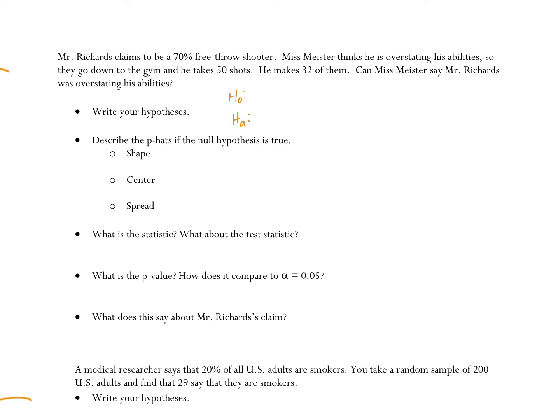Okay. So, guys, when we're writing our hypotheses, our null hypothesis is always going to be that whatever the claim is, is correct. So in this case, it would be that Mr. Richards' ability is equal to 0.7. Now, you need to write the p equals.